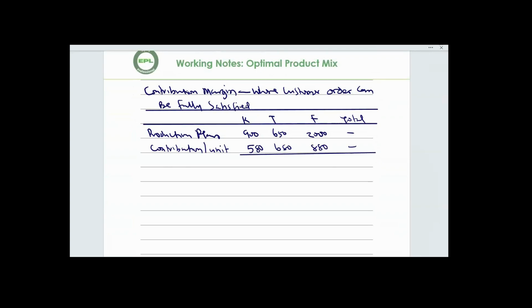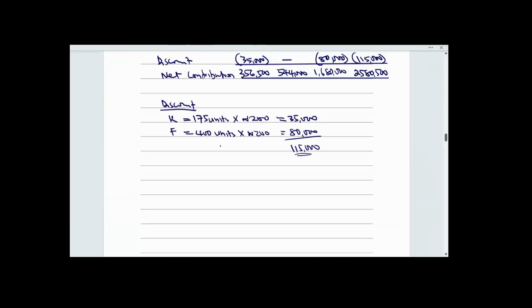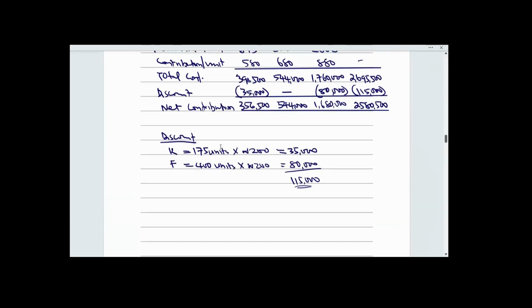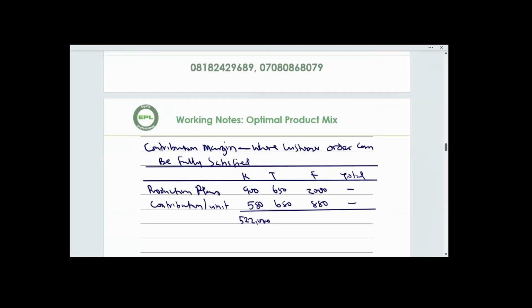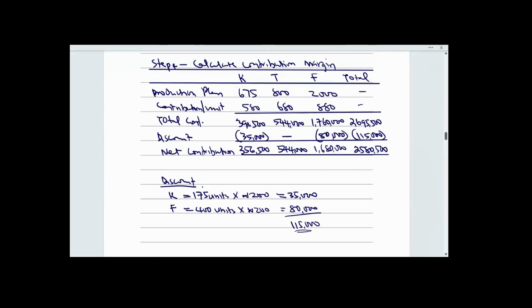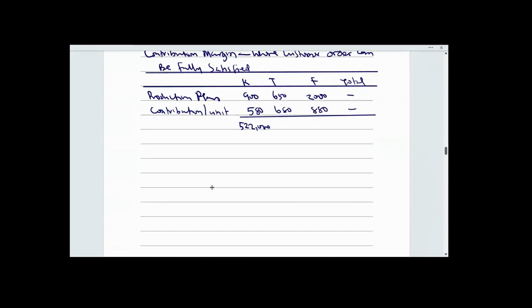So 900 multiplied by 580 gives 522,000. Then 650 multiplied by 680 gives 442,000.